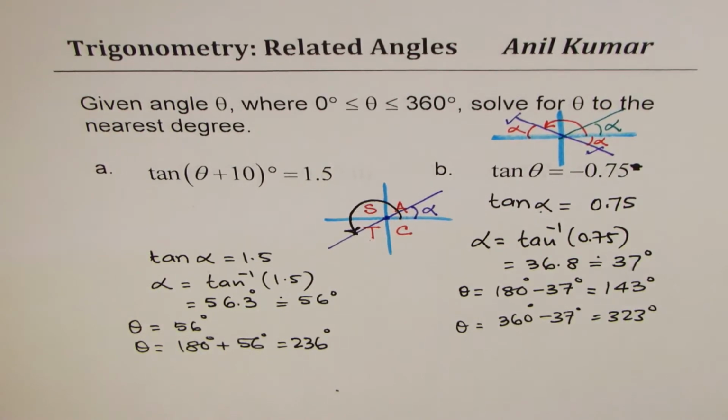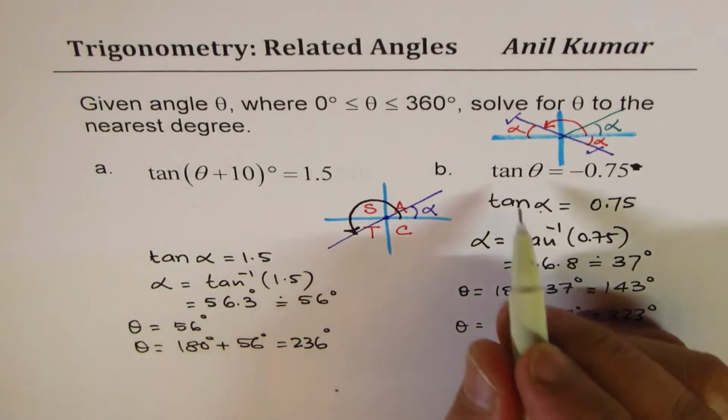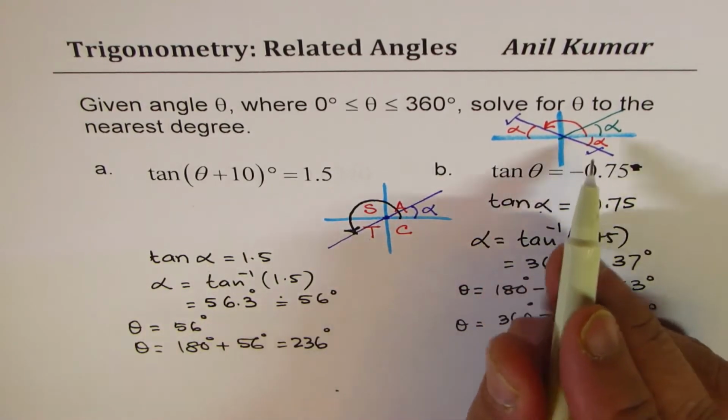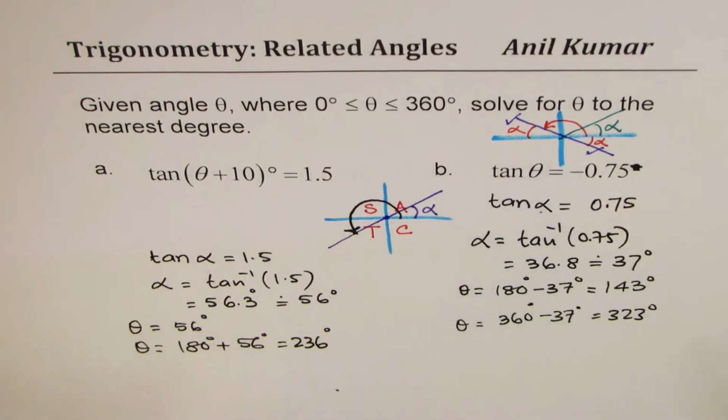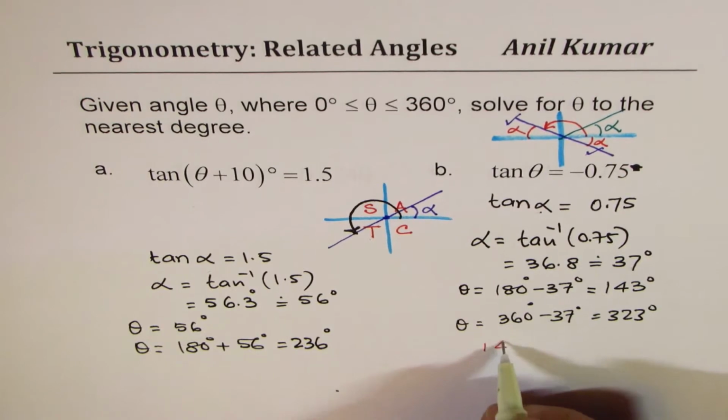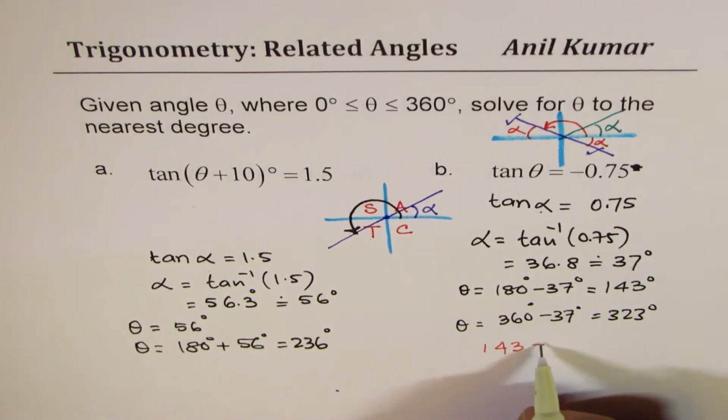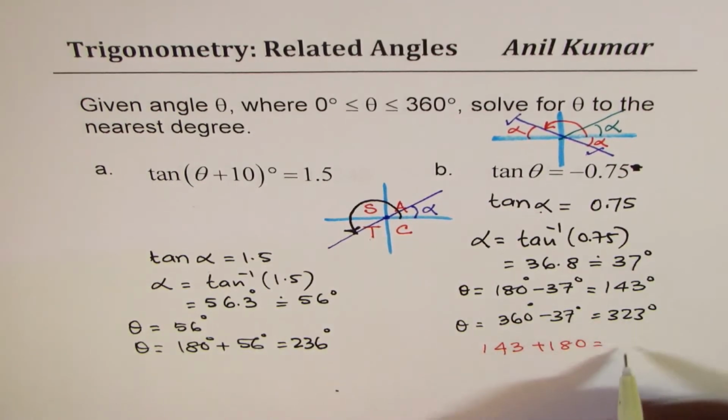So I hope you get it, correct? Even otherwise, you should remember that the period for tan is 180 degrees. So if you find one, by adding 180 degrees, you can get the other one. So 153, you'll notice that 153 plus 180 will result in 333. Do you see that?